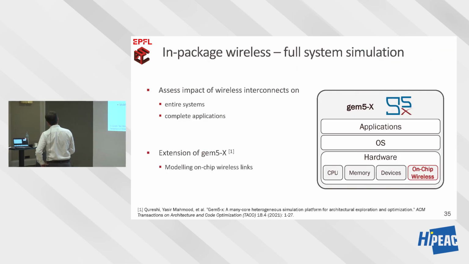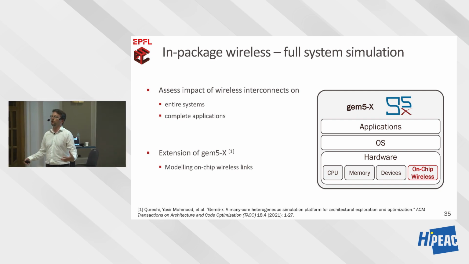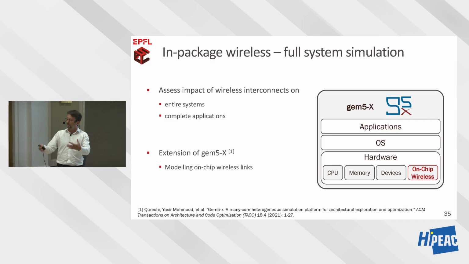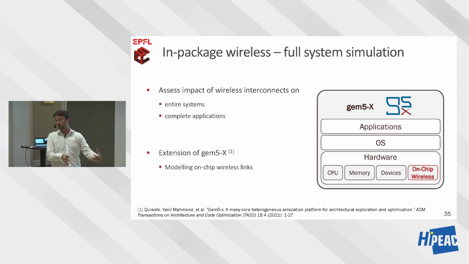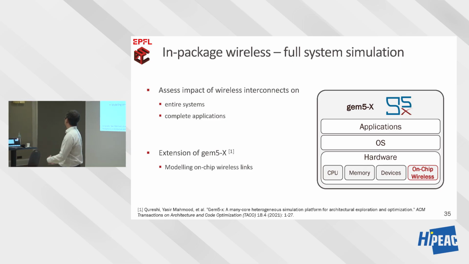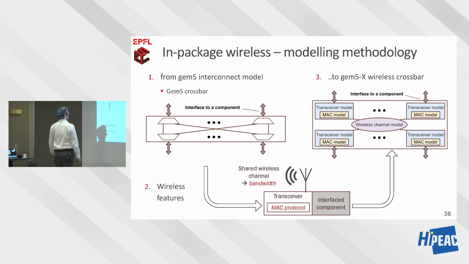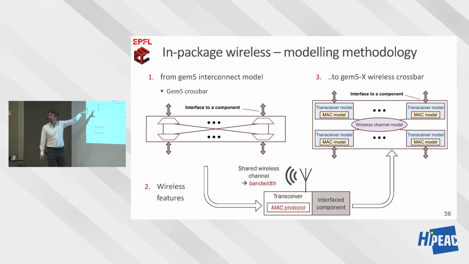Again, we were not exploring the technology, but we wanted to have a system evaluation framework which used hardware-validated components in order to investigate this question for practical applications. How did we do that? We took the standard communication primitive in Gen 5, which is called the crossbar. It has nothing to do with analog crossbars.